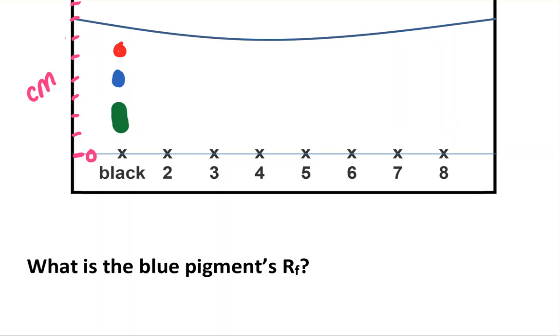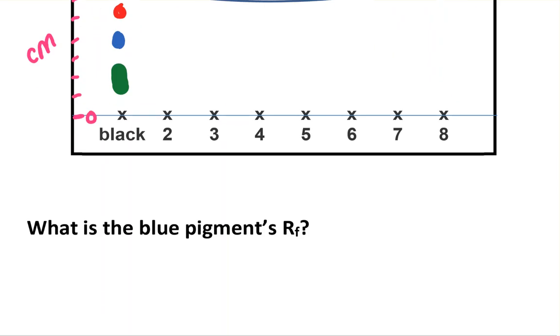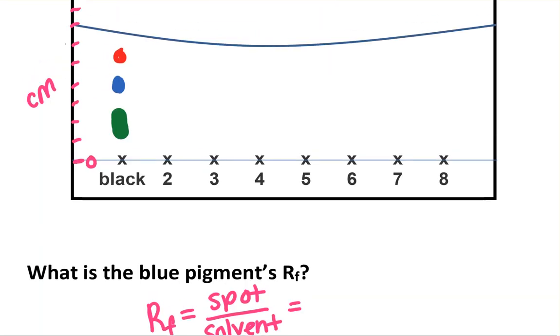Okay, and then to get the RF, remember we're taking the distance that the component moved, which is the spot, divided by the distance that the solvent moved, which is the eluting solution. So let's go back here. I'm going to do the blue one, so I'm going to choose the middle of that.